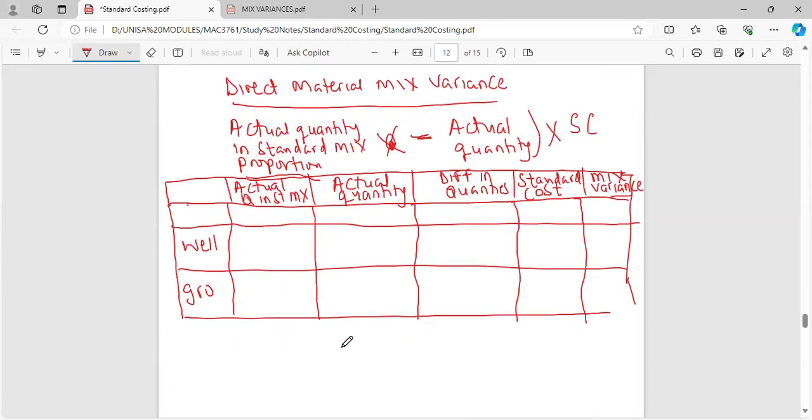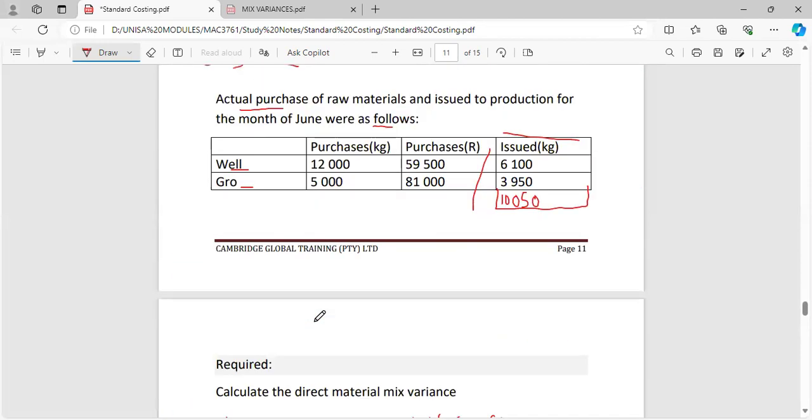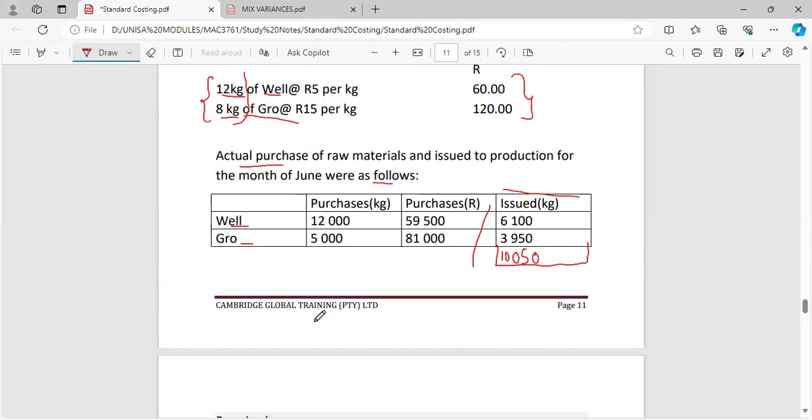So which means we come here. Let's start with well. Then we have grow. It's 12 for well and 8 for grow.